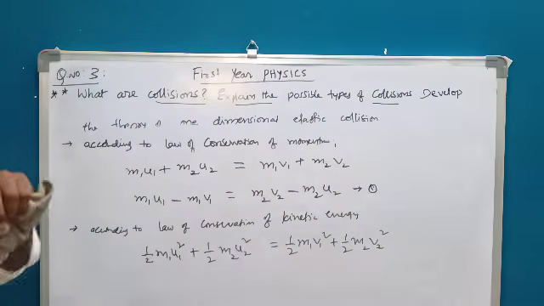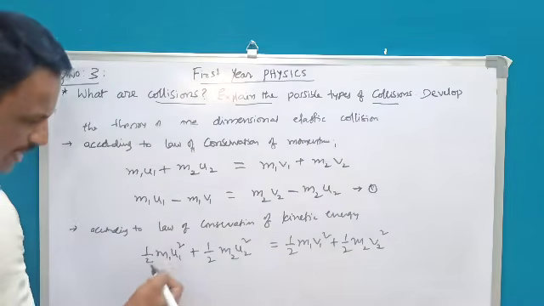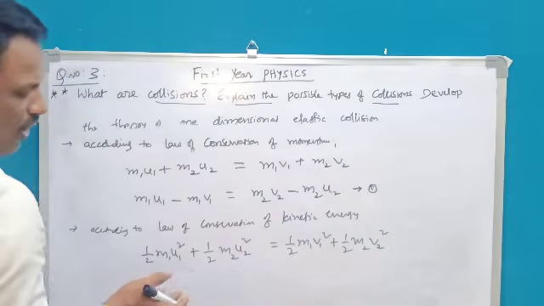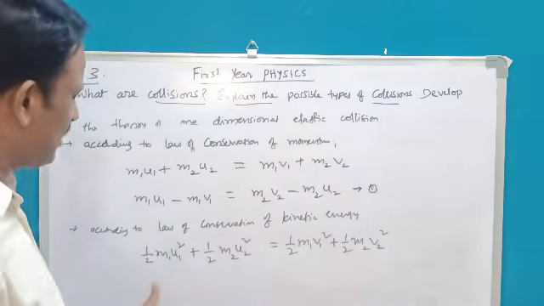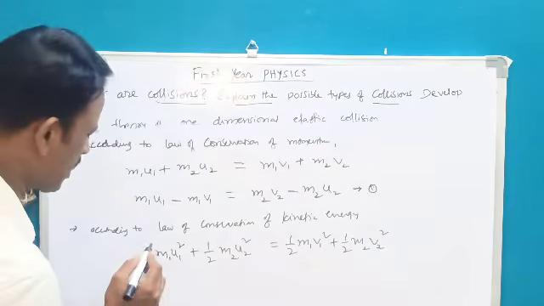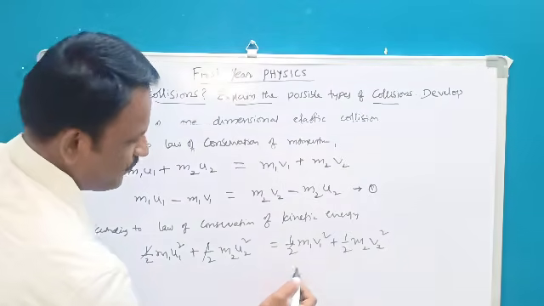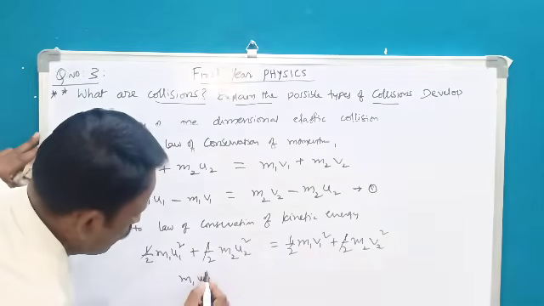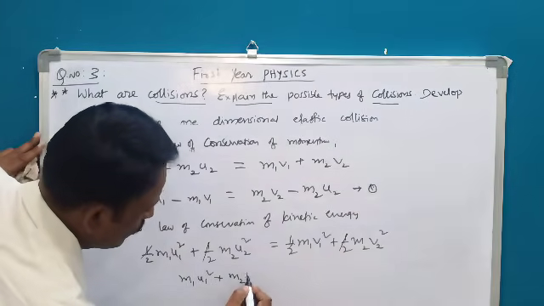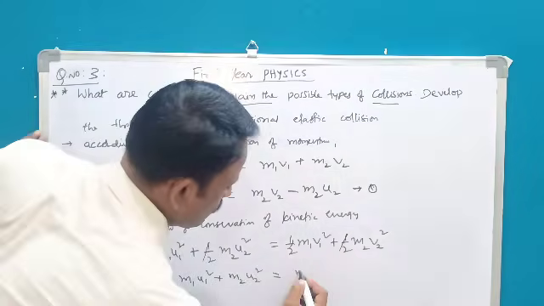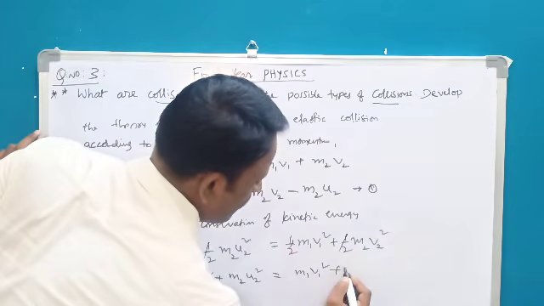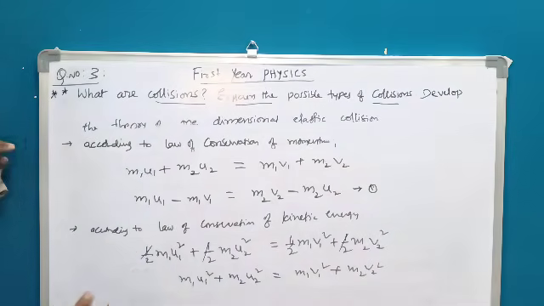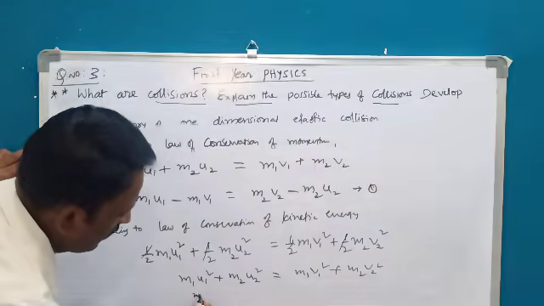In all four terms we have the common factor half, so simply you can cancel it. Now you write m1 u1 square plus m2 u2 square is equal to m1 v1 square plus m2 v2 square.